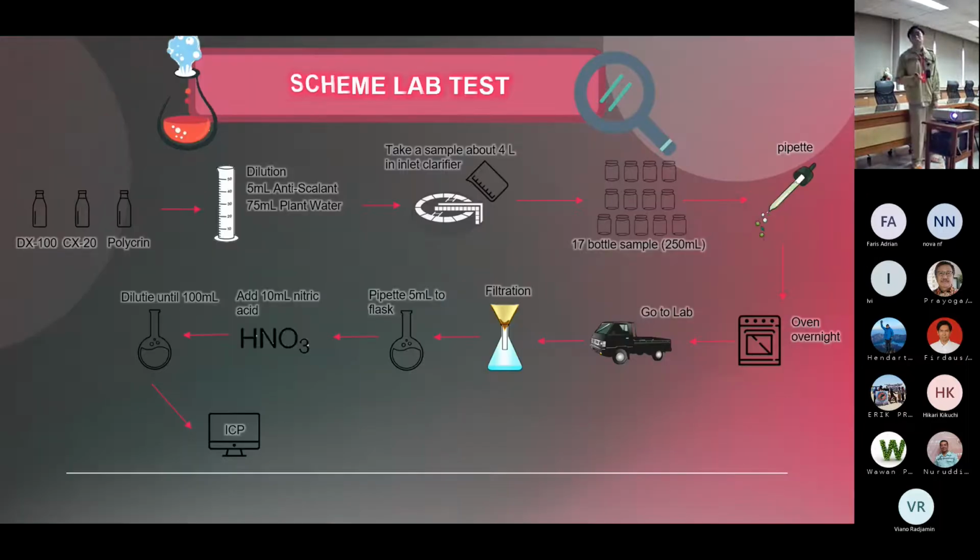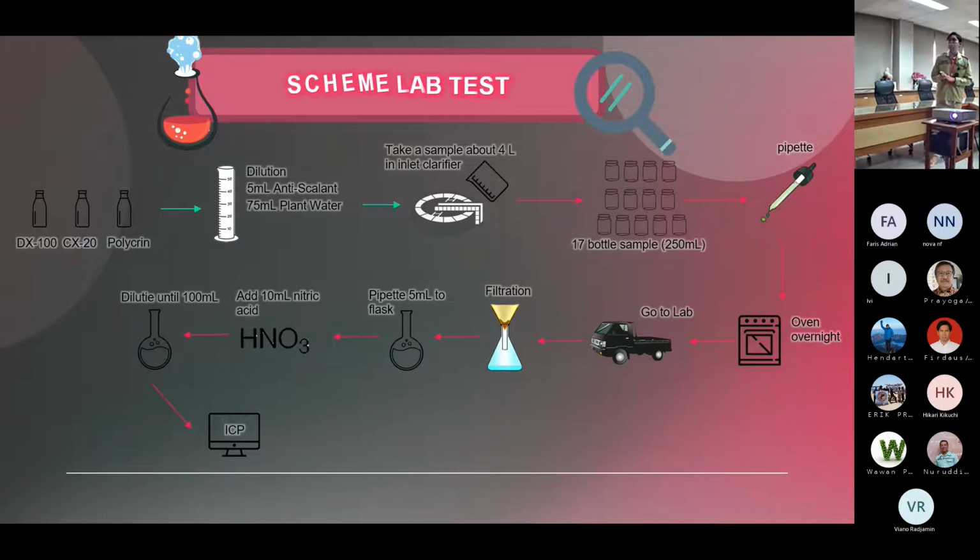Moving on, this is our scheme for the lab test, on how our lab research is done. Antiscalant itself has high viscosity, so it is hard to analyze in the lab. First, we must dilute it with plain water. After diluting it, we took a sample from reactor 630, about 4 liters, which is enough.